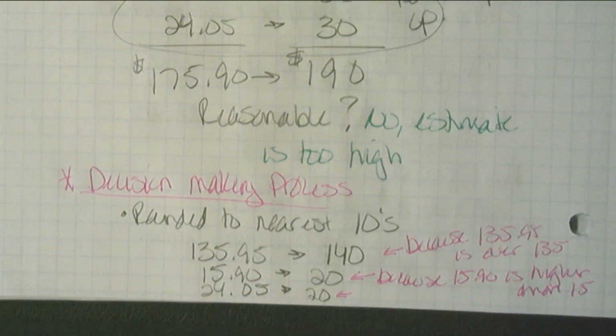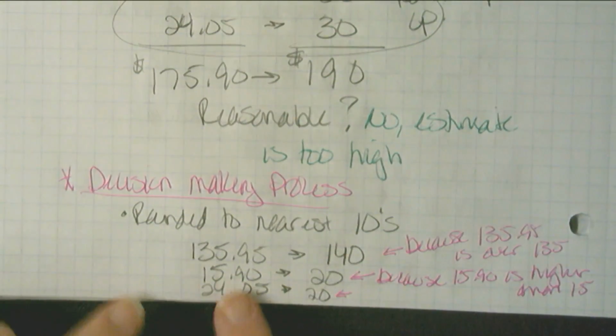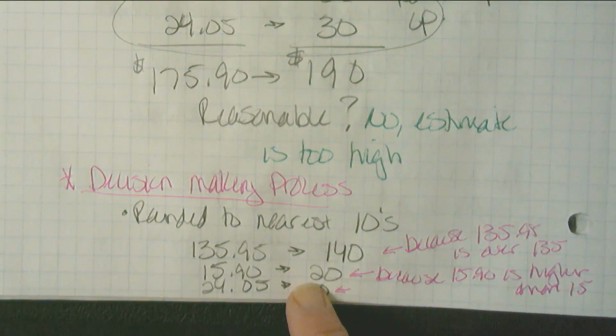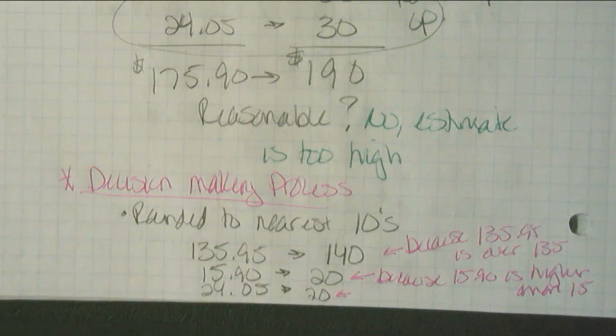Does that make sense to you guys? If you go down too much, you're going to be off. So if that was 14.9, I may have rounded this down to 10, and that might be too low. So if you're rounding all of them down, that might go too low. So you may have to round one up. You guys have to be smart about this.